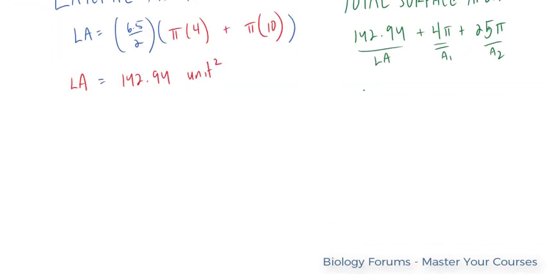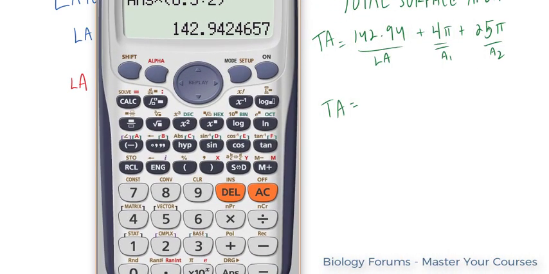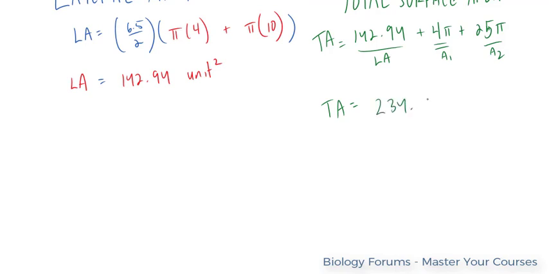So let's plug that into our calculator. Let's use total area. Total area is equal to this number, which I'll leave it the way it is, plus 4 shift pi plus 25 pi. Where's pi? There it is. And our final surface area is 234.04 units squared.